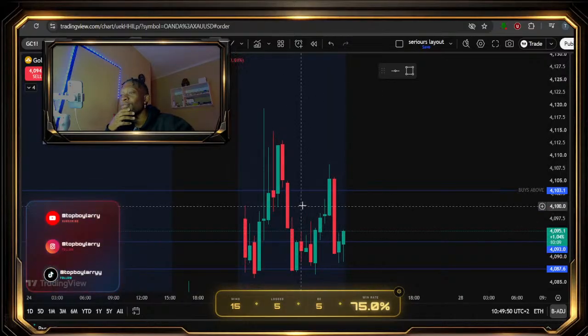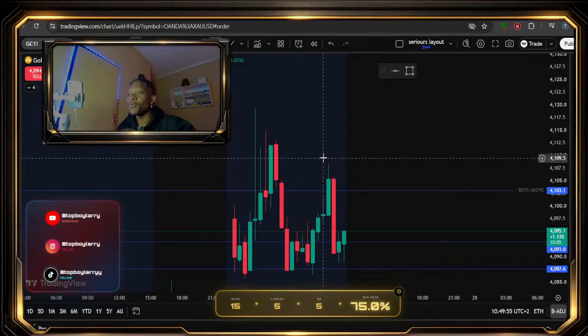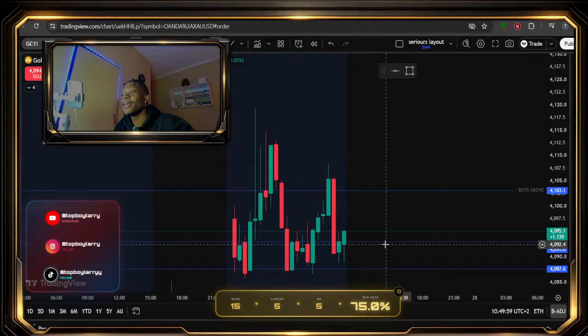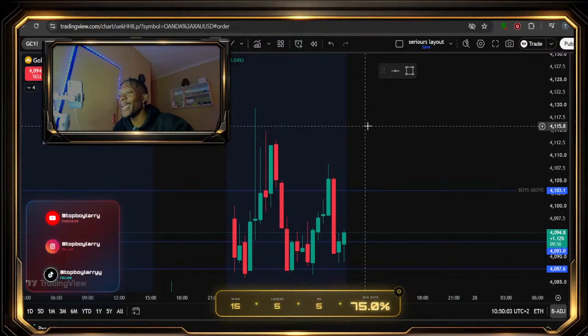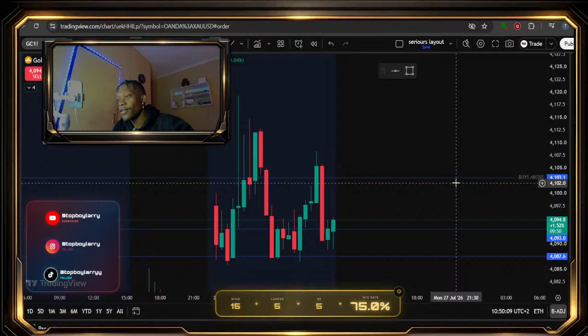So you have to be focused. You have to really be angry with the market. Make sure that the market is not your best friend. You should be the enemy of the market, because everyone else in the market is out here to take your money. So you should be enemies. You should be angry with the market.